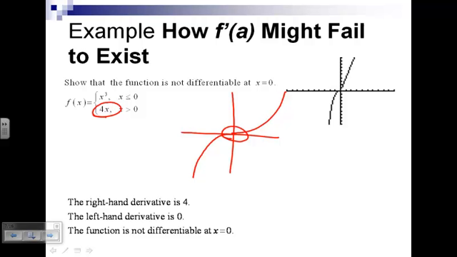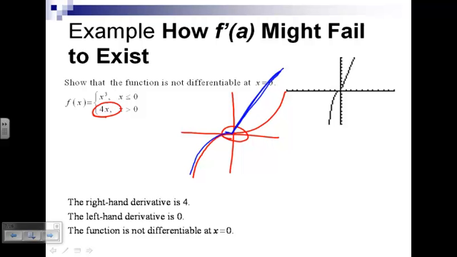Okay. On the left-hand side, those slopes are approaching 0 as x approaches 0. All of these on this side, they're all 4. Okay. They don't agree. All right.